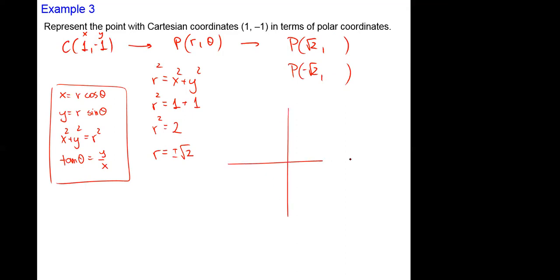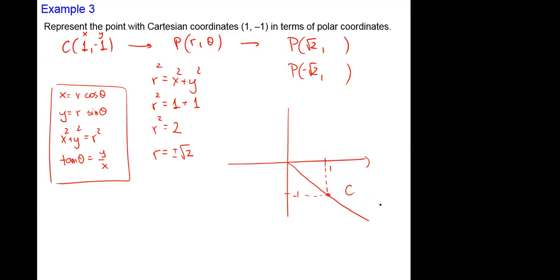And we can find an angle, but I would like to see in which quadrant we are. (1, -1), we are actually here. And we will need that angle. If this is (1, -1), the same distance, you probably know that angle even without computing, because it's exactly in the middle.